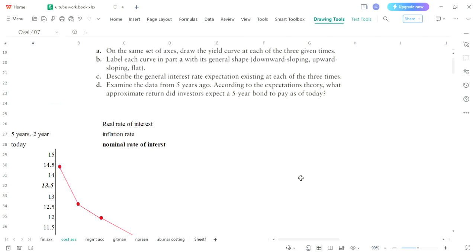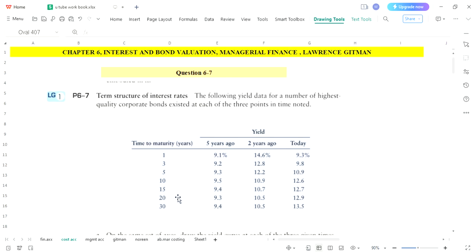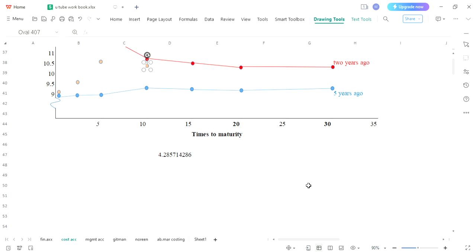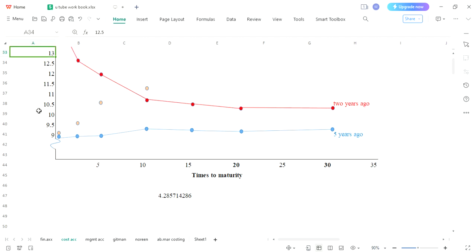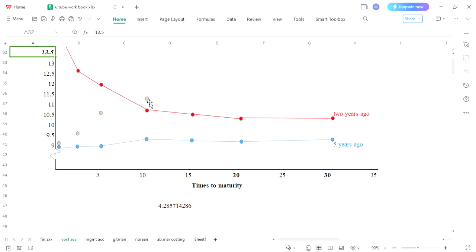The next point would be at 10 years. For 10 years we have a rate of 12.6. For 12.6 you will have to go up, and 12.6 would be above 12.5. So this is 12.6.